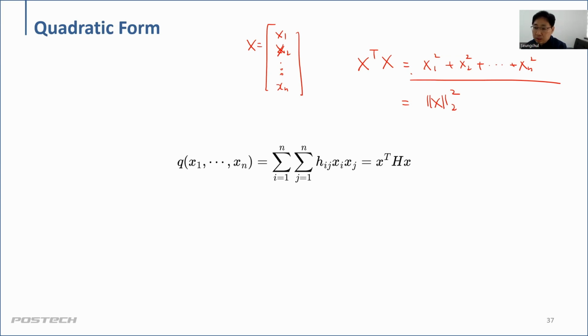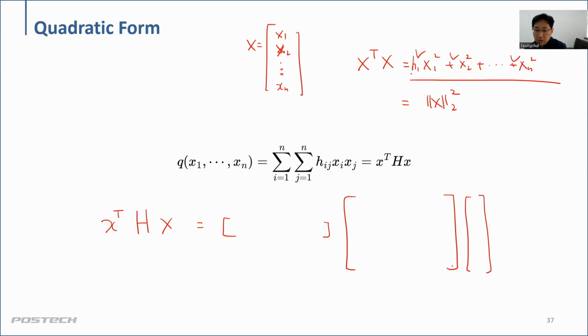Now suppose we have different coefficients like here. Then what we can do is X transpose H X, where H is a matrix like that. Then like always you have to think about the shape. If you have a diagonal matrix, then we have squared terms.